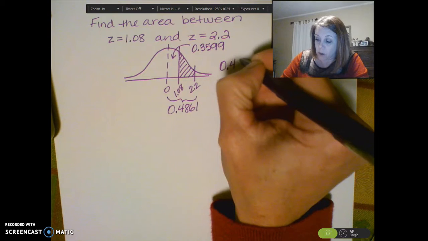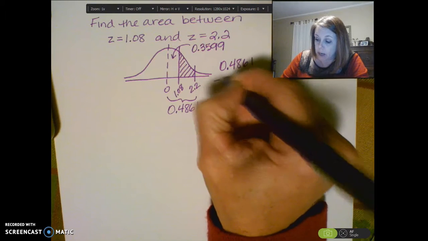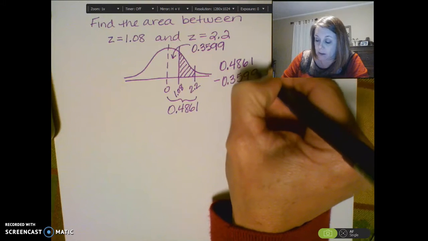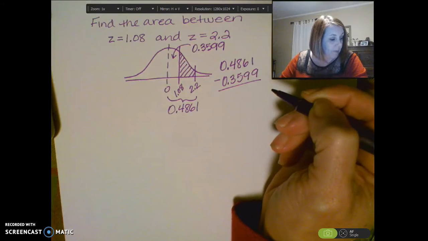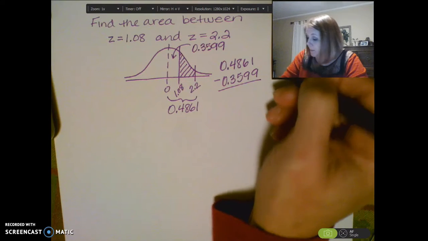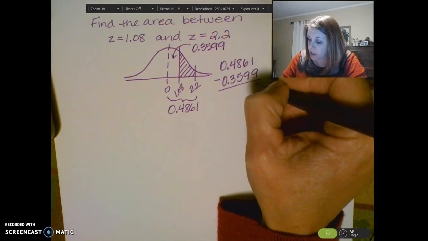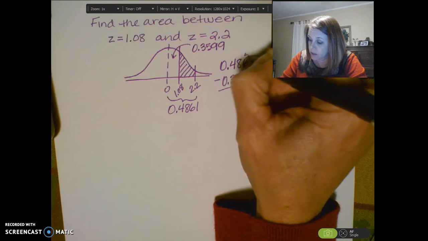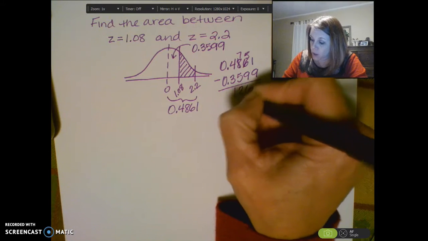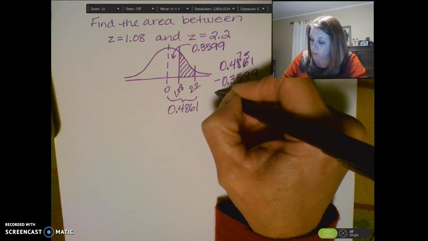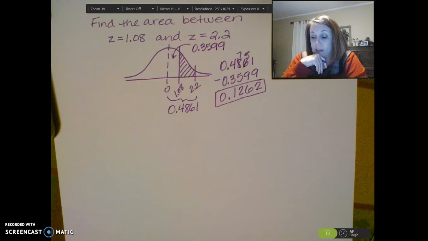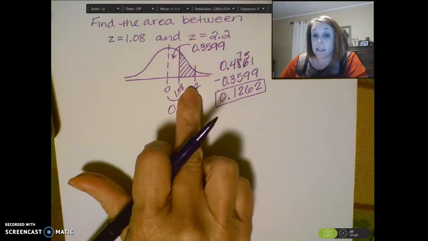So 0.4861 minus 0.3599. Let's see, we end up with 0.1262. And that's the area between two positive values.